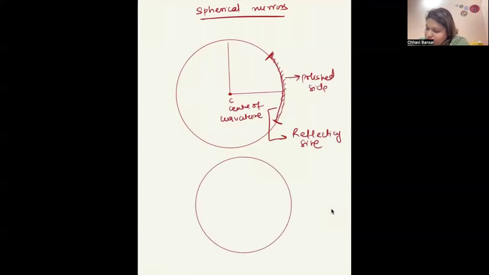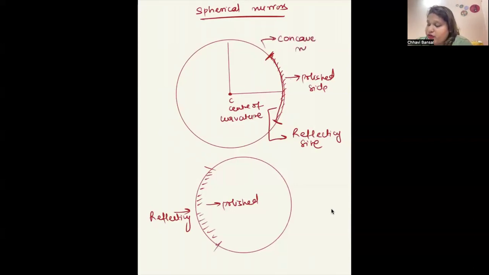If this part is taken, and this is the polished side, this is the reflecting side, then both are spherical mirrors. They are both different types of spherical mirror. This mirror is called a concave mirror. Whereas this one, where the reflecting side is outwards and the polished side is inward, is called a convex mirror.